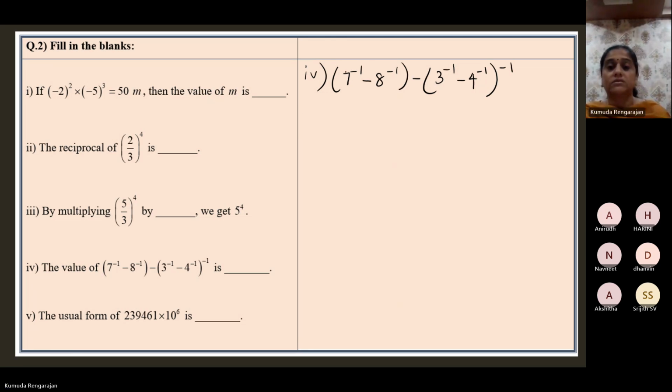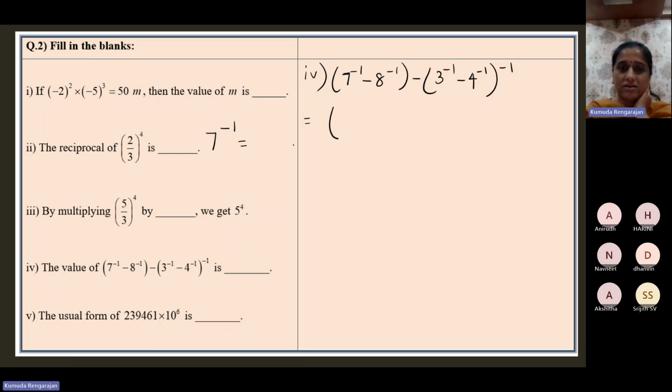Dhanvan, tell me. 7 to the power minus 1 is minus 7? No, ma'am, it's 1 by 7. You take the reciprocal, you said, one time. The power minus m is equal to 1 by m. So what is the rule?